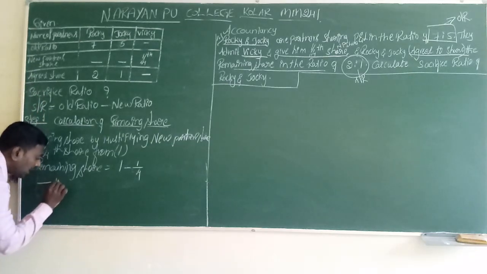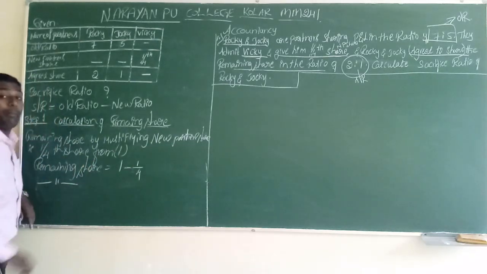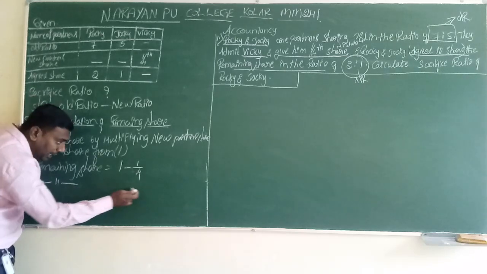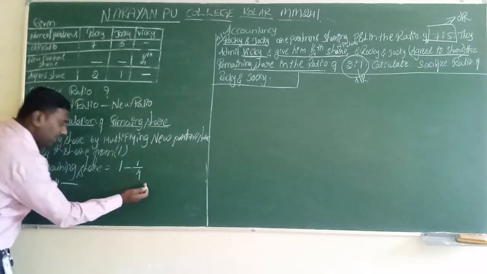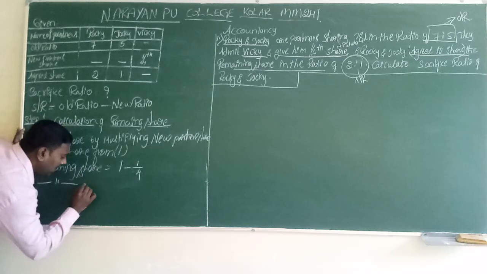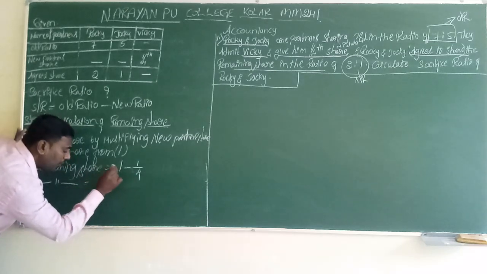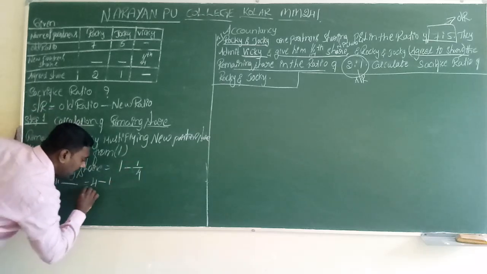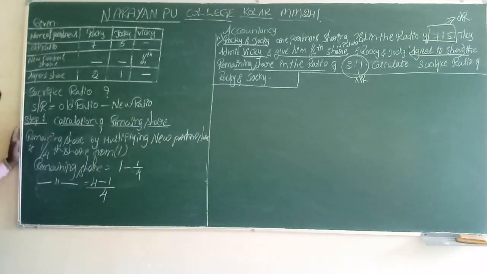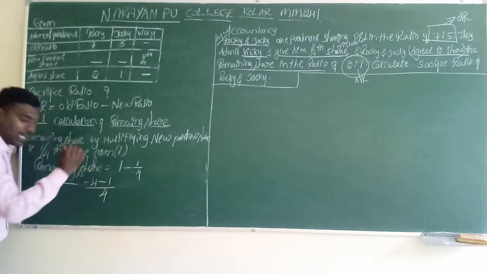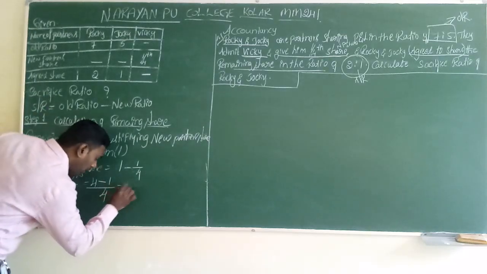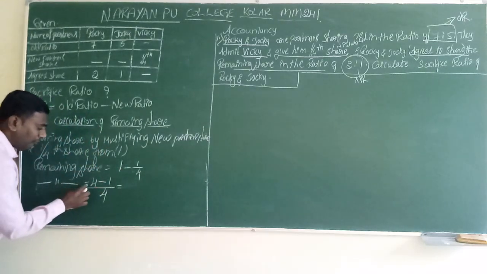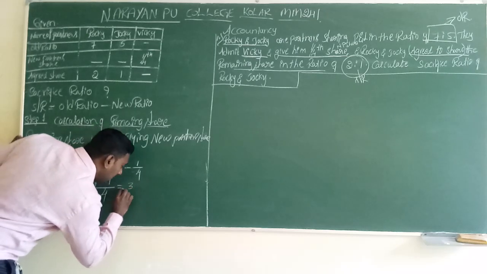Therefore, we multiply by the denominator on the left hand side: 4 ones are 4, minus 1 ones are 1, divided by 4. What value is available in the denominator, that denominator will be considered as the base. Therefore, remaining share is equal to 4 minus 1, 3 divided by 4.